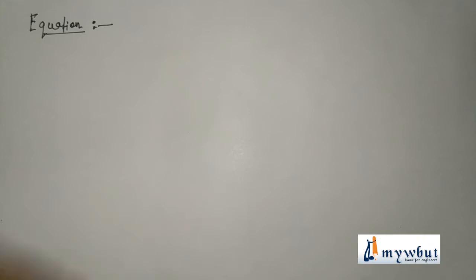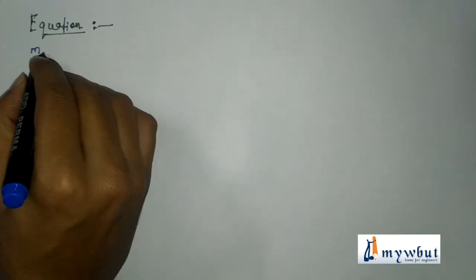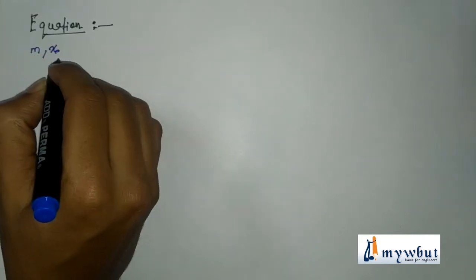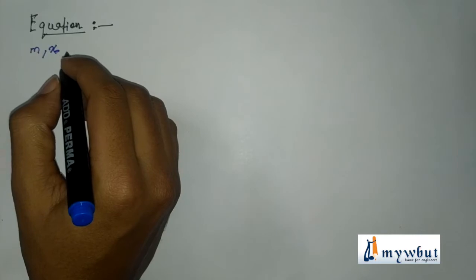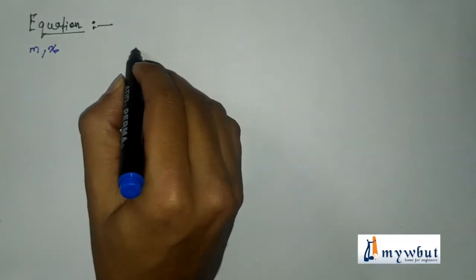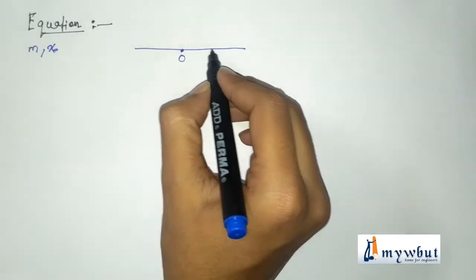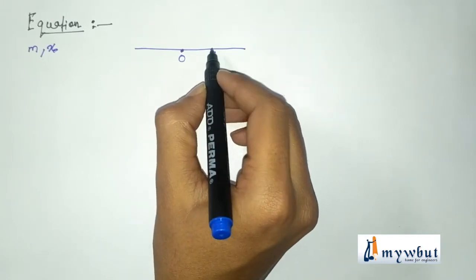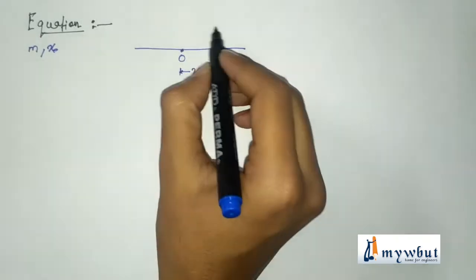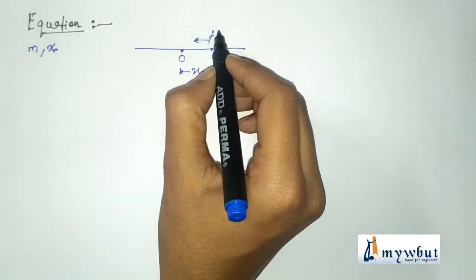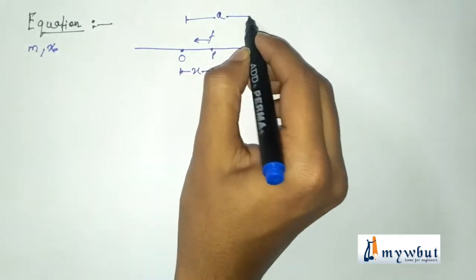If the mass of the particle be m and it executes an SHM with the displacement as x at any instant from the mean position O, let this be the mean position O and this be a position P. Let the displacement of the particle be x and the acceleration be small f, and let the extreme position from the mean position be a distance a.